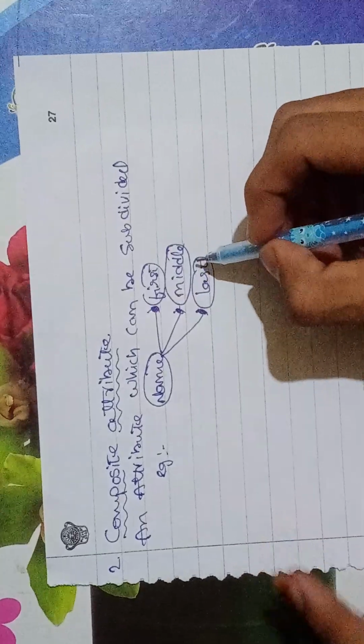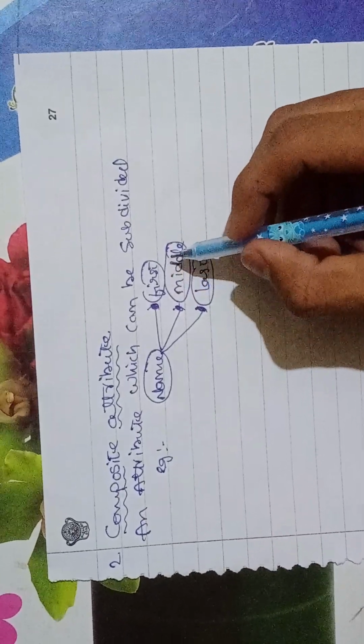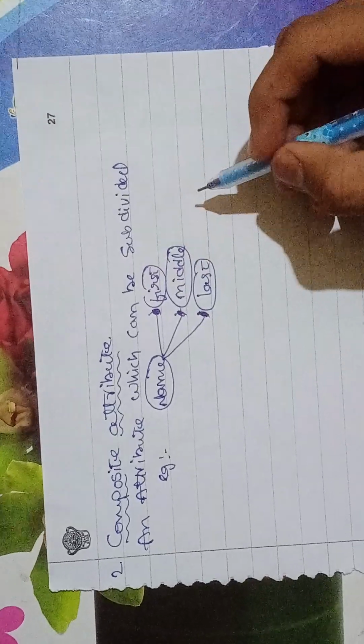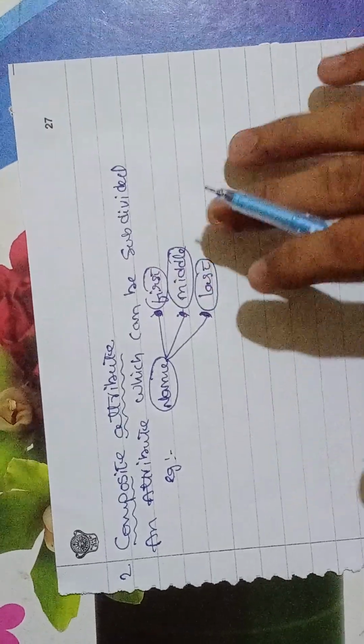This is seen in applications. When filling an application, it asks for first name, middle name, and last name. This is the composite attribute.